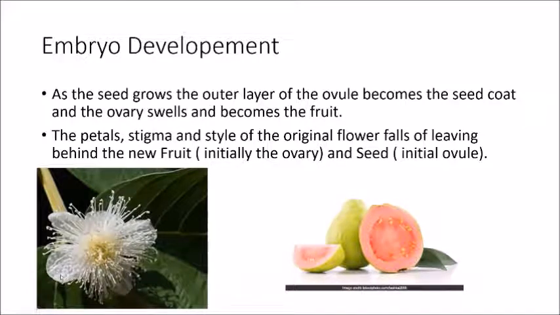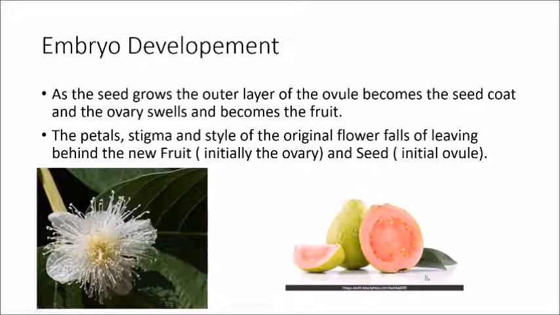Or more specifically, the ovary of the flower is going to grow into the fruit, and the ovules are going to become the seeds. And like I said, all of these other parts of the flower are going to fall off once this fruit has fully matured.